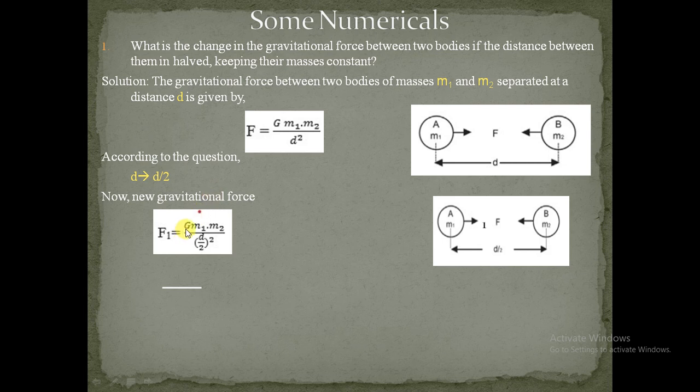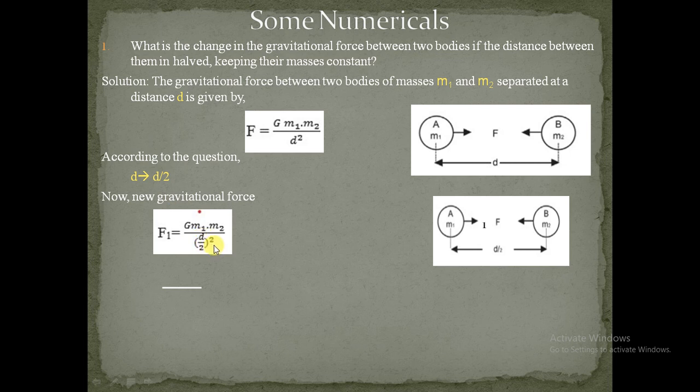Here we use the force formula of gravitation. F1 is equal to G m1 m2, because we are keeping the masses constant. Here we do not change the masses, so m1 and m2 are the same, and in place of d square we put d upon 2 whole square.